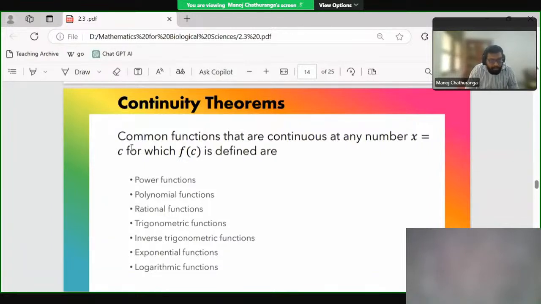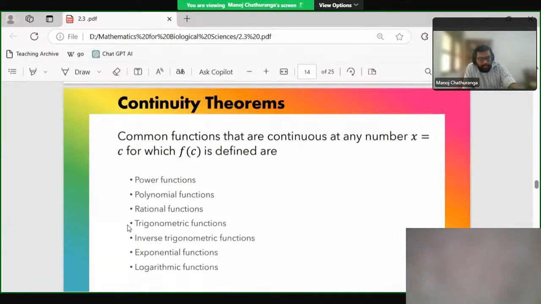That includes quadratic functions, cubic functions, all those things. Then rational functions. A rational function is a quotient of two polynomials. As long as the denominator is non-zero, the function is well defined. So for all the points except the zeros of the denominator, rational functions are continuous.